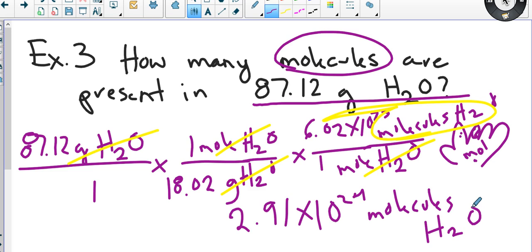Yes, ma'am. How are you supposed to write it in the calculator? Okay, so in your calculator, if you're struggling, 87.12 times parentheses, then hit 6.02, then hit the second button, and then hit that EE. See the EE?